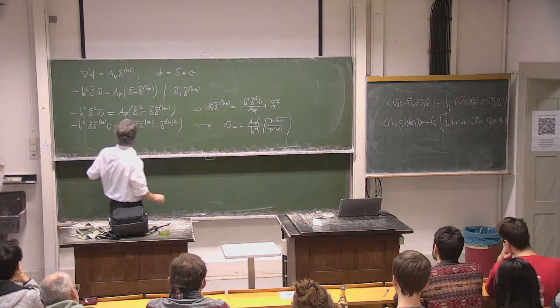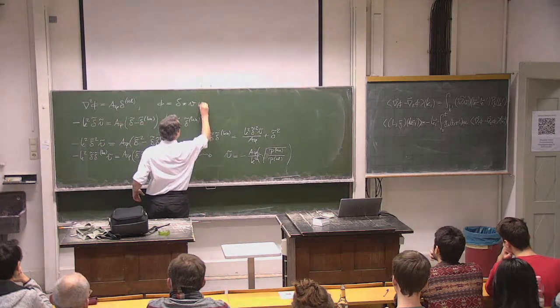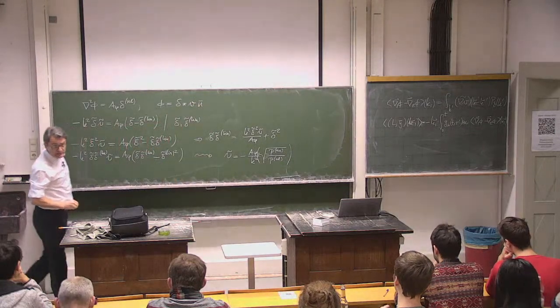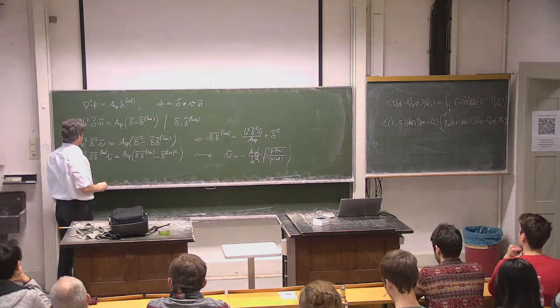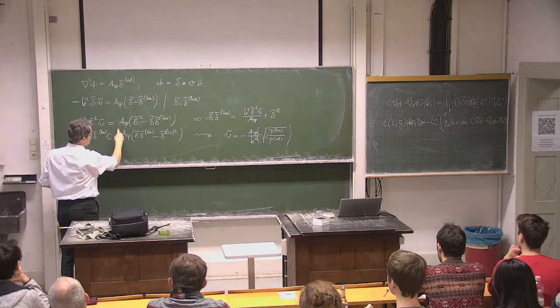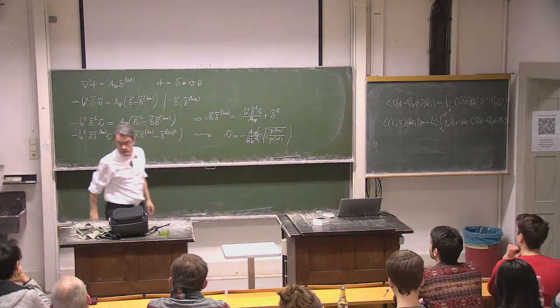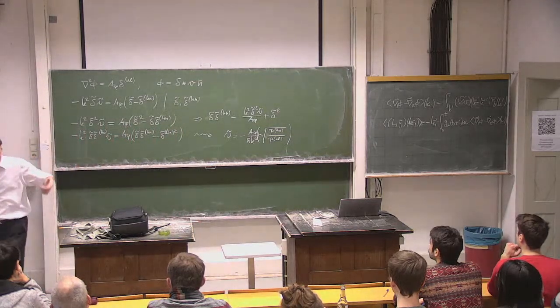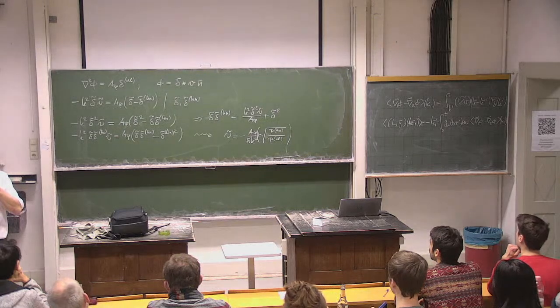And I forgot to multiply with the mean particle density over here, which gives a 1 over mean particle density everywhere here, and also here. And this will cancel the mean particle number density that we had in the force factor.